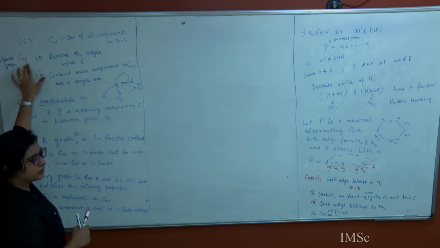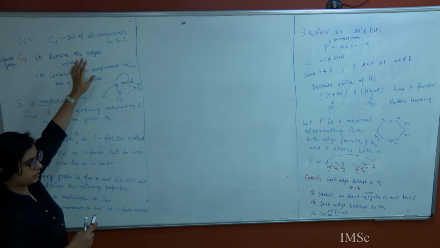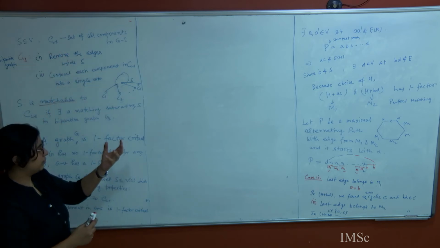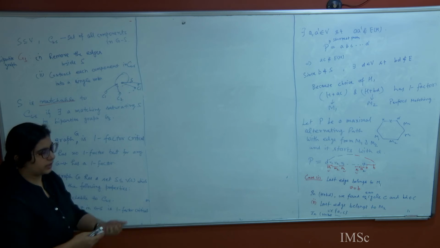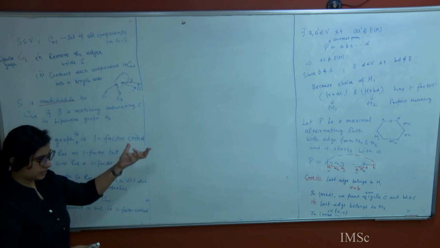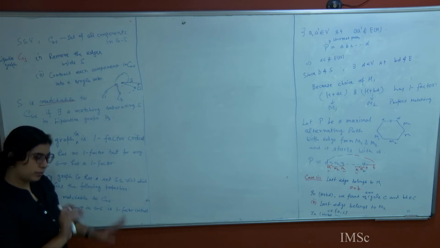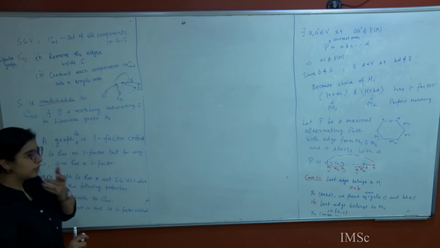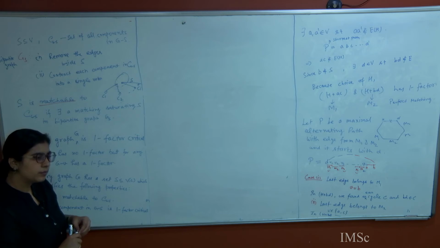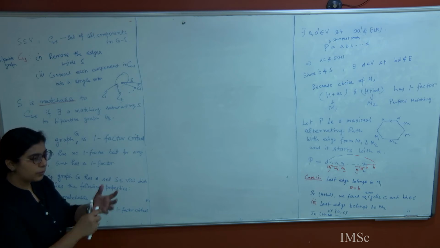With respect to S. First we have this set S, and then in G minus S we are contracting each component, and in S we are just removing the edges from S, keeping all the vertices. So it's important to mention with respect to which set.